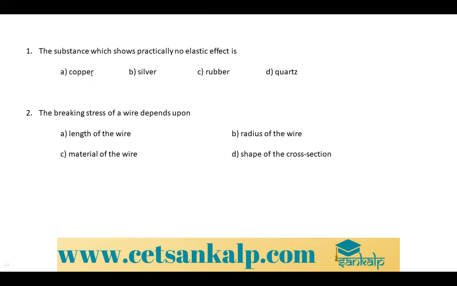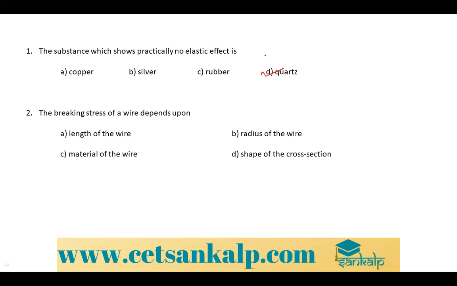So copper will be having elastic effect, silver will be having elastic effect, rubber also will be having elastic effect, but when it is compared to the metals, this is very less. So the substance which shows practically no elastic effect is quartz. I hope you are clear with this.